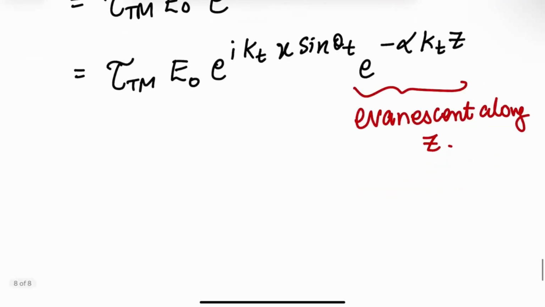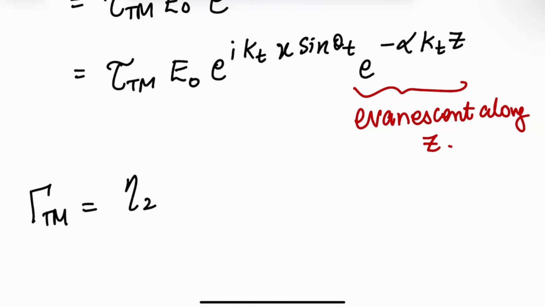We also want to look at what happens to gamma TM. We want to show that gamma TM is 1 in magnitude, because only when gamma TM is equal to 1 can you prove that you have full reflection.